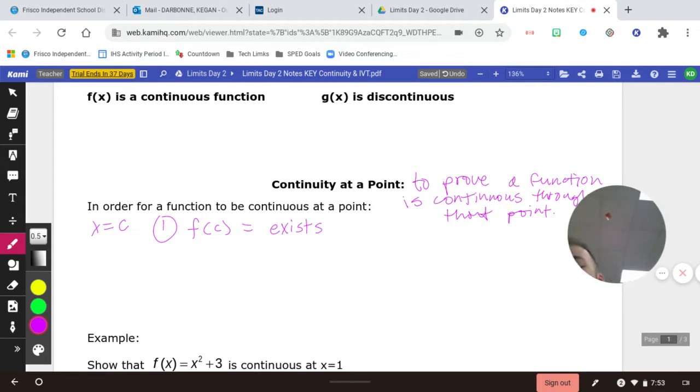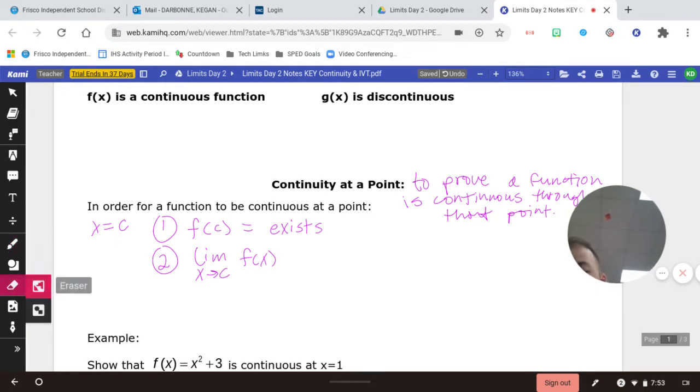The second thing I need to show is that the limit as x approaches c of f of x exists. Sorry, I always mix these up.